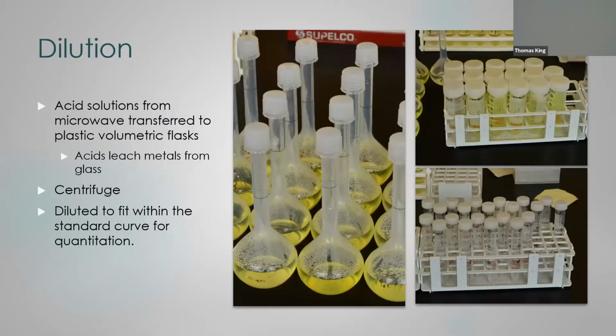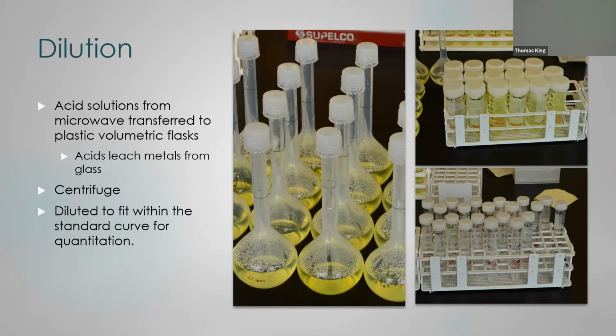And after the samples are digested in a microwave, they are transferred into plastic volumetric flasks. We use plastic volumetric flasks because, like I said before, glass contains lead in it. And if we put the acid in the glass, it'll leach out the lead from the glass and contaminate our sample.